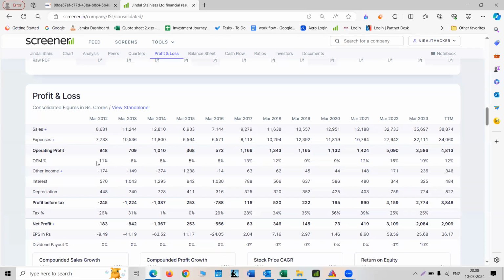So one cycle has already happened, correct? So if, suppose next time, now here what is the current margin? 2023? 10%. If in 2024 the margin increases to 16%, that means 6% extra, correct? Will profitability increase or decrease? Increase. Suppose it comes down to 5%.